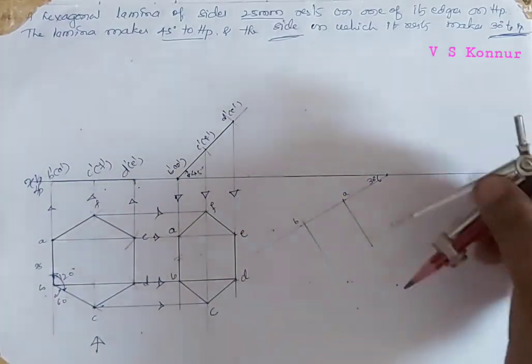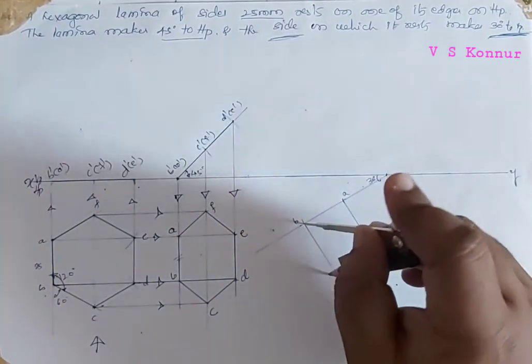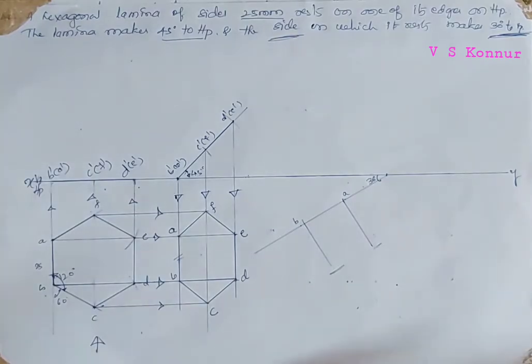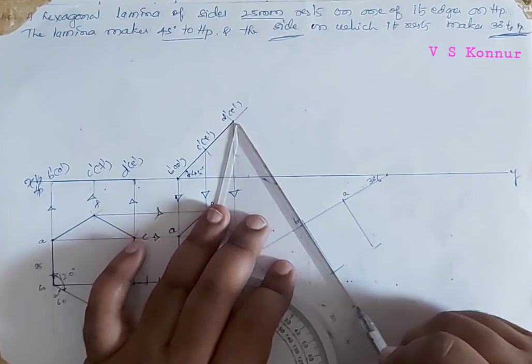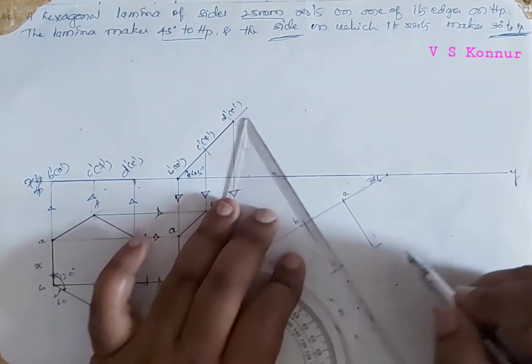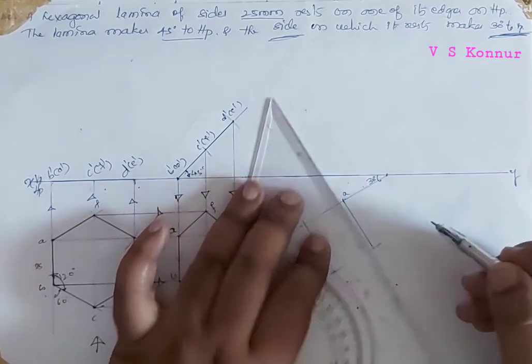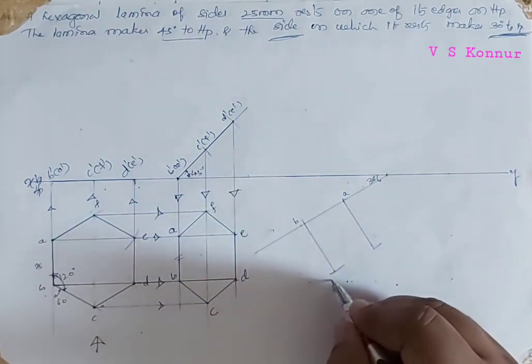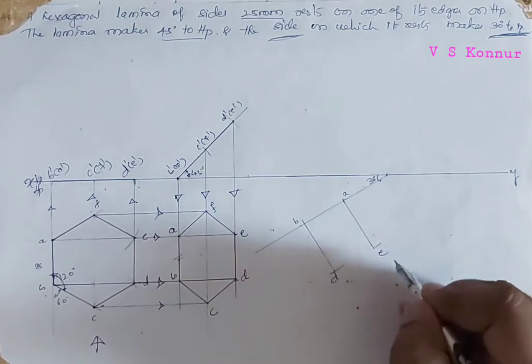So take this distance and cut that line. It is larger, so we'll extend it. So another 2 points we'll get, that is D point and E point.